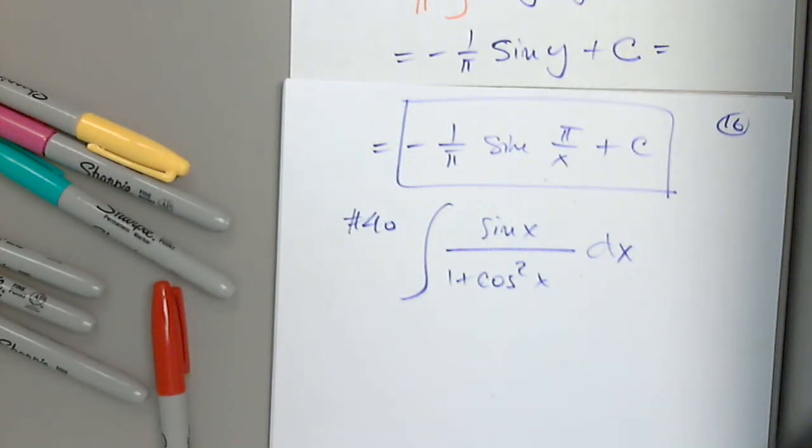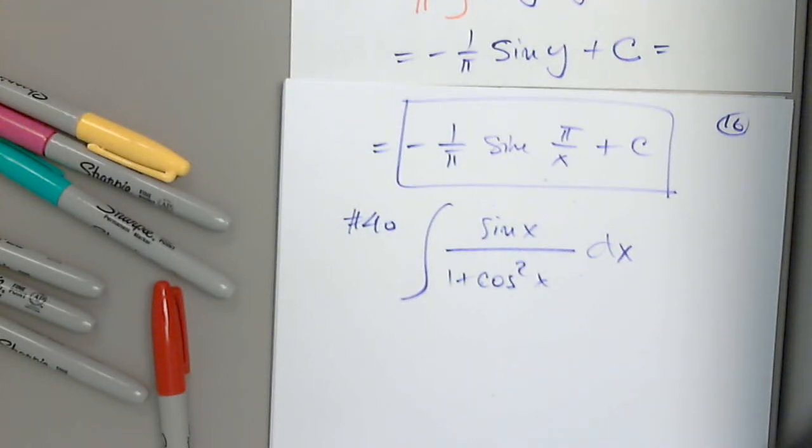However, if we go on that route, then when we differentiate this, we'll have 2 cosine x times negative sine x. So dy will be difficult to create. So I have to think of a different route.